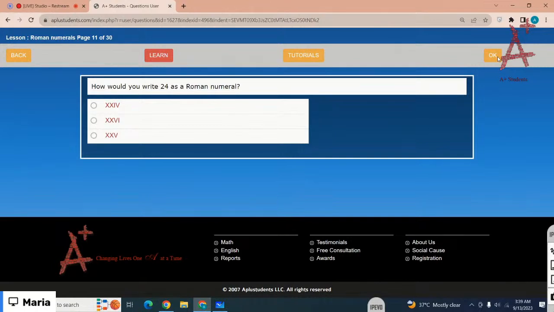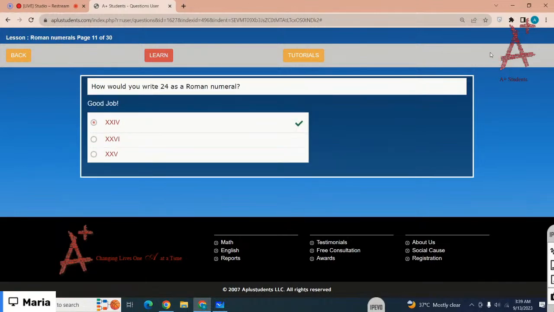How would you write 24 as a Roman numeral? So which is the correct option? That is option number 1, right?